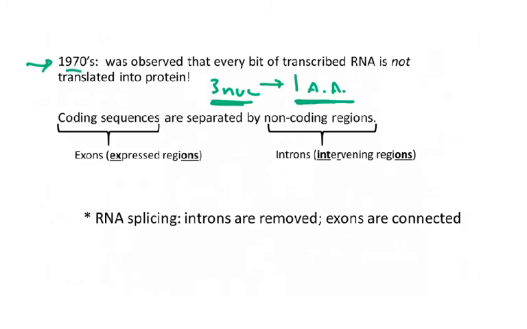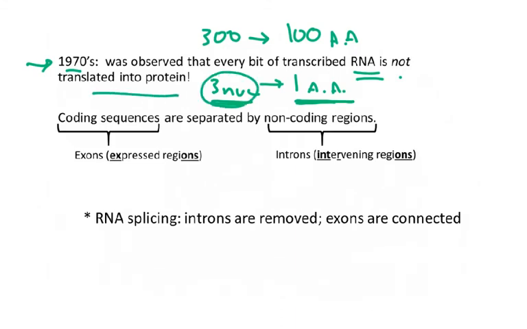Scientists in the 1970s did some math on this, and they said, okay, let me just do some easy math here, if we have 300 nucleotides, then that should correspond to 100 amino acids. And when they did this math, really multiplied out times the hundreds of thousands of nucleotides, their math concluded that all of that RNA is not going to actually turn into a protein. There's more nucleotides than there ever will be amino acids.